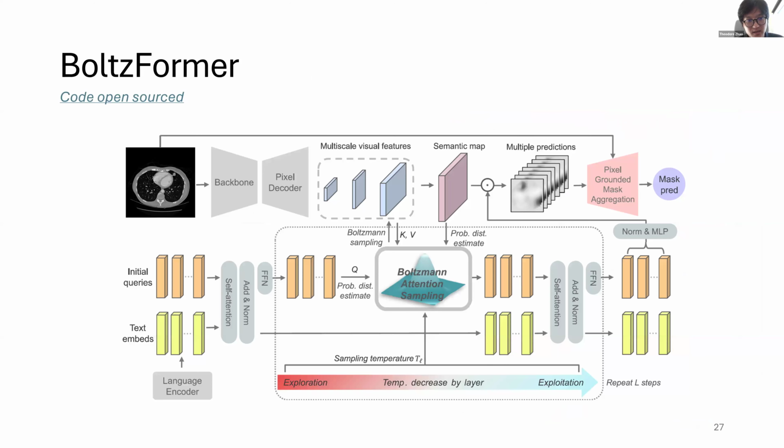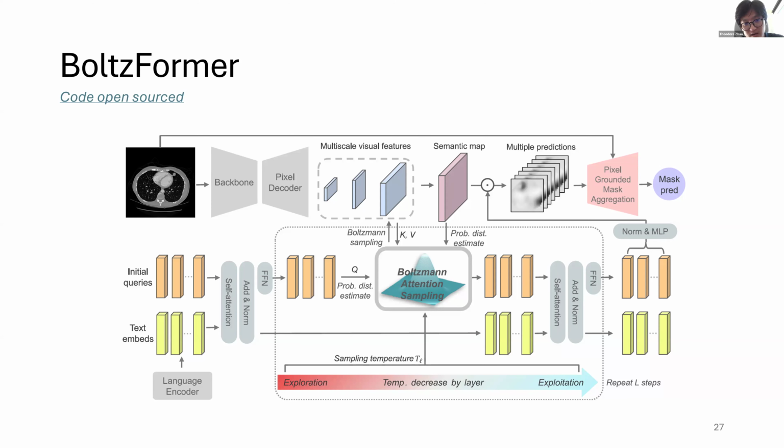And another key design to make this work is that we initialize multiple different queries. So it's not just one distribution estimation. Let's say I initialize 10 queries. Each of them will independently estimate a Boltzmann distribution and draw patches independently. So each one of them will attend to possibly different parts of the image.